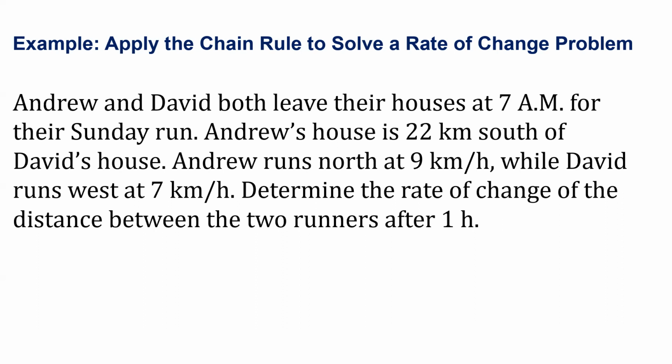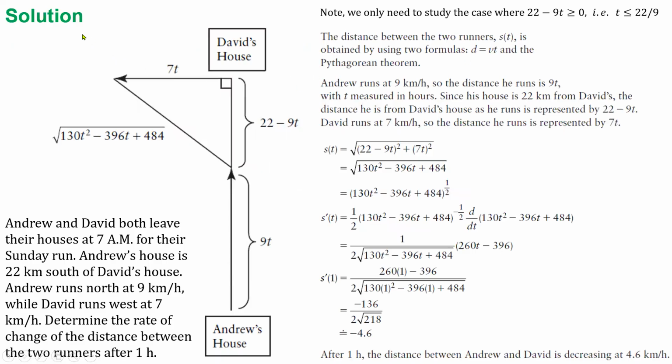Okay, have you finished? Let's have a look at the solution. Okay, we can draw a diagram to illustrate this question like this. So David's house is at the north point, right? Andrew's house is at the south end. So now, actually, we need to study the case where 22 minus 9t is greater than or equal to 0.